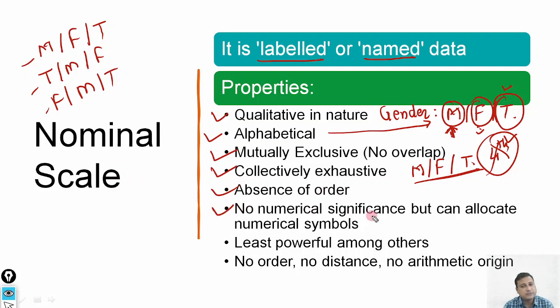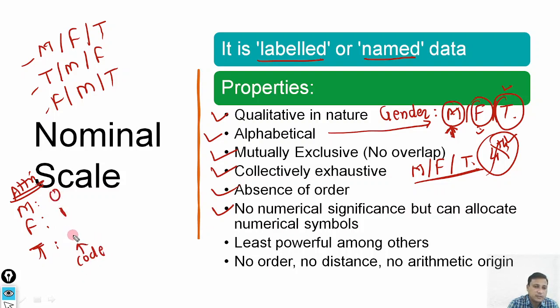No numeric significance, but we can allocate numerical symbols. For example, when I'm saying male, female and transgender, and suppose I'm giving some codes. These three are the attributes, and we have already seen the meaning of attribute in the previous lecture, and I'm giving some code to these attributes. Suppose male is 0, female is 1 and transgender is 2.